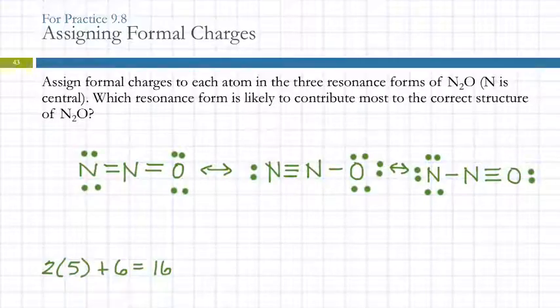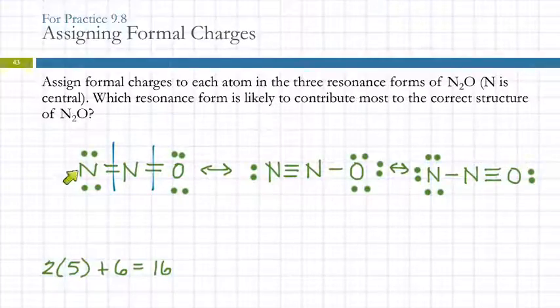So when we look at the actual molecule here, one of these resonance structures may have more influence on the actual structure, and we can predict which one using formal charges. So we have to do formal charges. We imagine just taking this partnership apart.